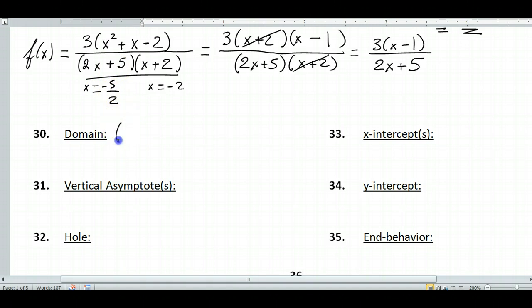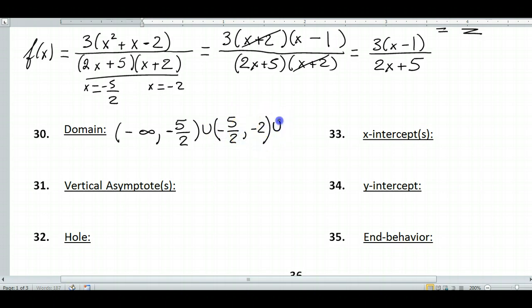So it's negative infinity to negative 5 halves, union negative 5 halves to negative 2, union negative 2 to infinity. Okay?